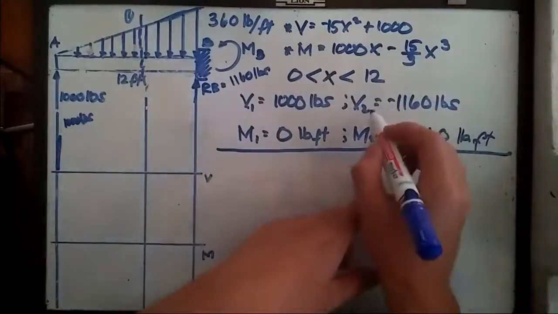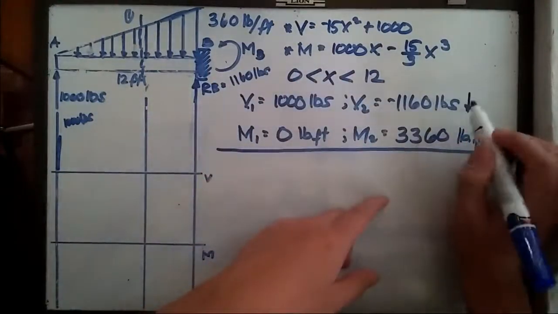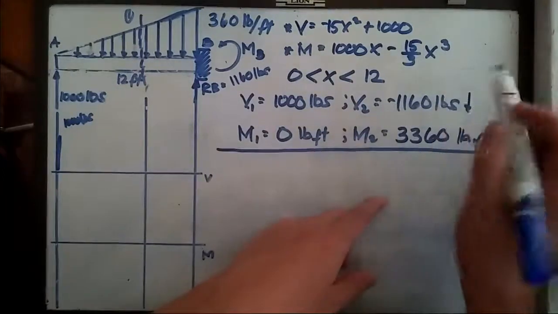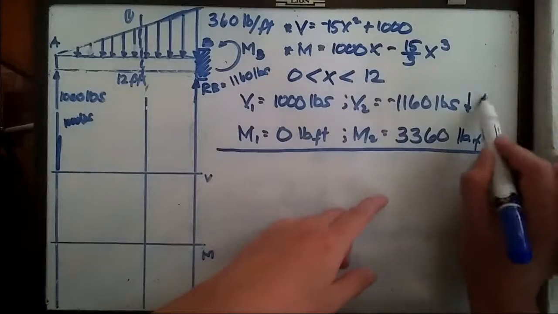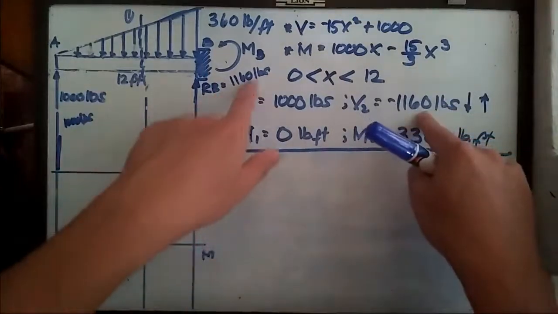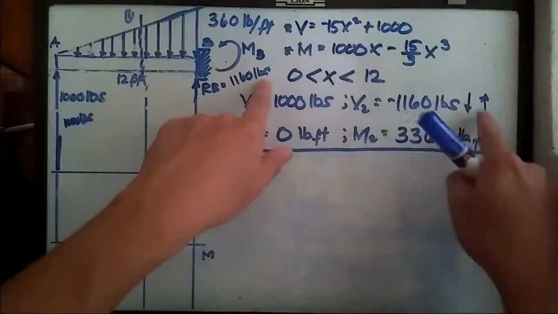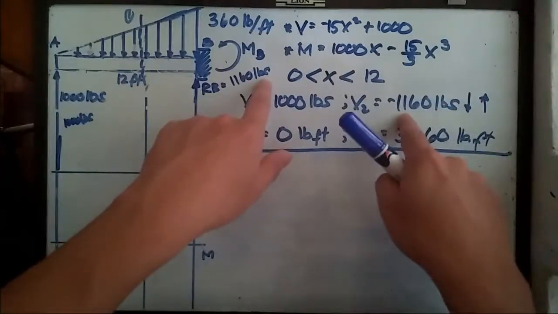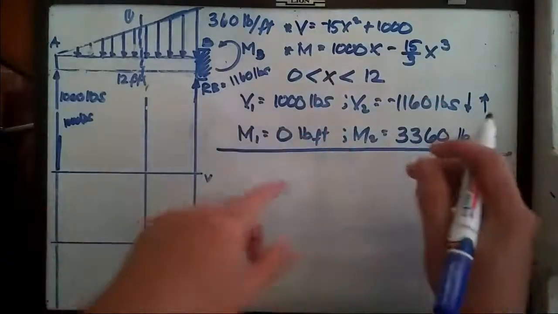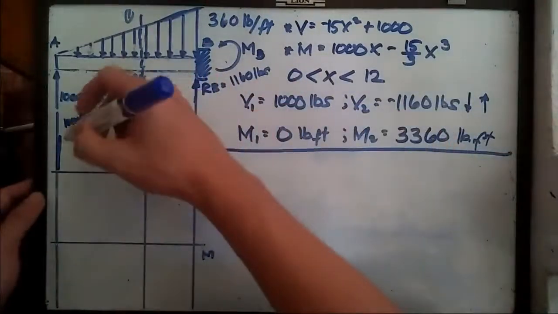Since this V sub 2, our initial assumption was going down, if we change the negative sign of negative 1160 to positive, it should be going upward. So we have here RB 1160 pounds, positive, so you're going to change the sign. So also net positive 1160 pounds, so it's equal. Since our initial assumption was going down, it should also be going down.